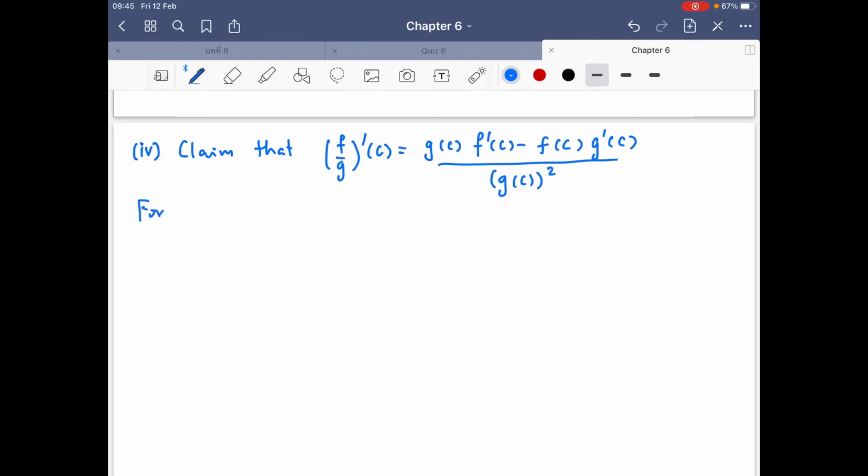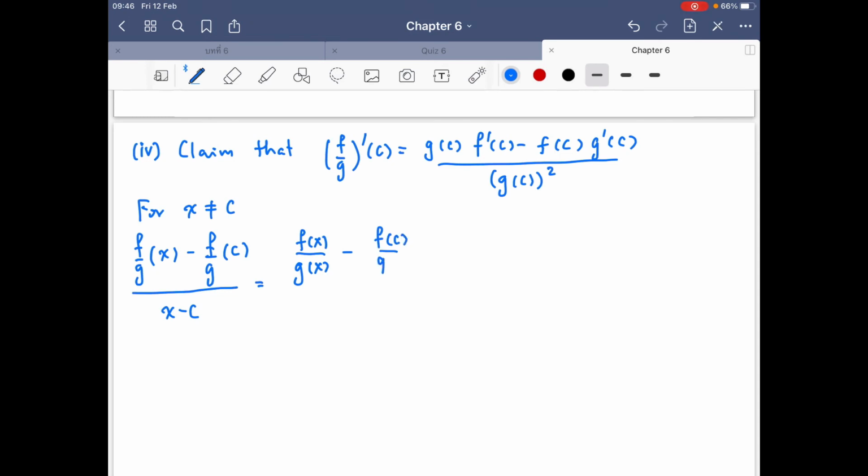So for x not equal to c, we again manipulate this quotient first, as usual. To manipulate this quotient, it is the same as f(x) over g(x) minus f(c) over g(c), and of course, don't forget that g(c) is not 0, all over x minus c.